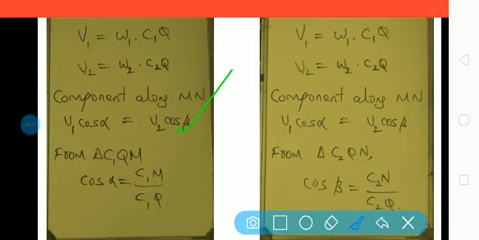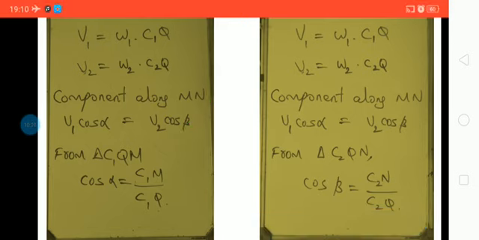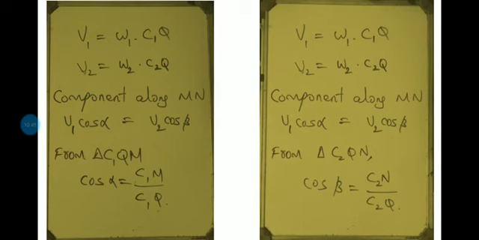This is the requirement. Now you have to find an expression for cos alpha and cos beta. Consider the triangle C1MQ. In C1MQ, cos alpha is the adjacent side C1M divided by C1Q. Similarly, in triangle C2QN the inclination is beta, so cos beta will be C2N by C2Q.